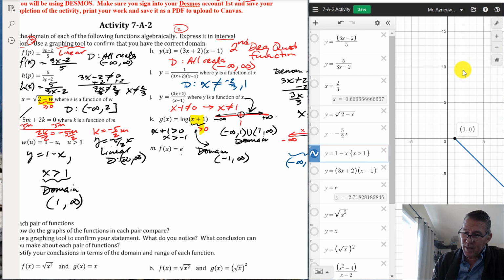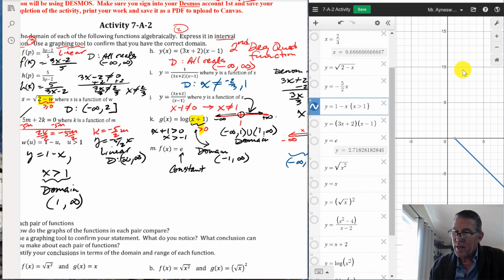Now the last one here, this is a constant. You guys saw e, the base of the natural log. It's a constant function. Oh, you know what? Let me back up here. Let me go to the log question. Do I have it up here? No, I don't. Let me add a function in here.